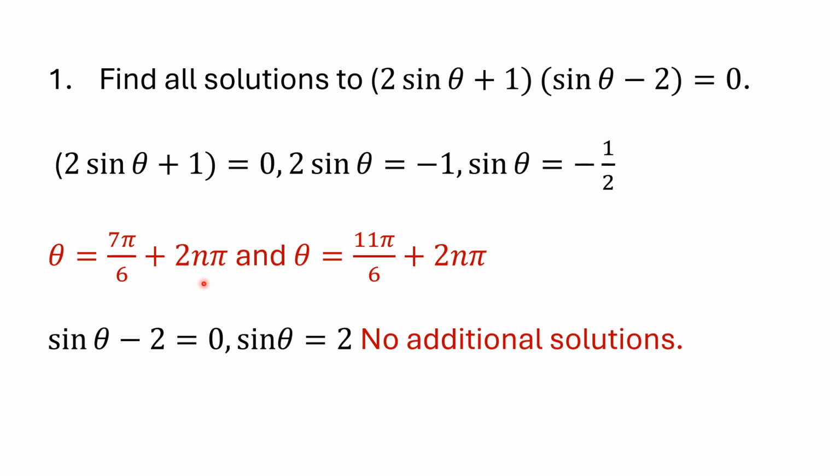Plus, in each case, 2n pi, and the reason for that is we can go around the circle more than once. And how many times we go around? This is an integer. N is an integer. I'm not saying positive integer. It can be negative. I can go backward. It can be 0.